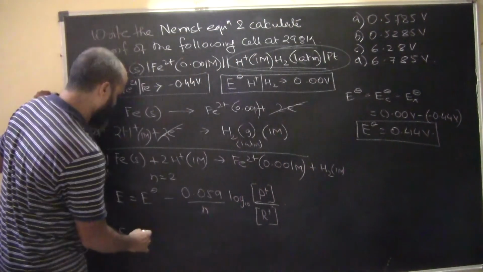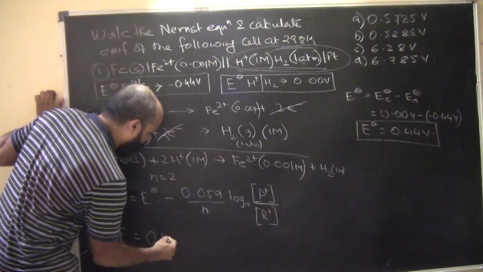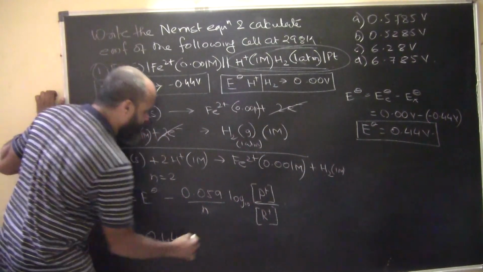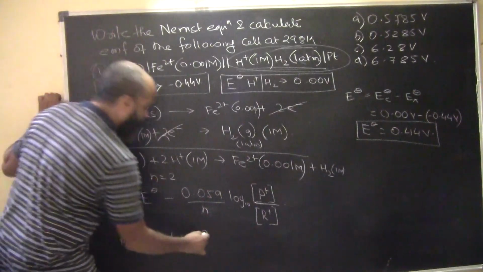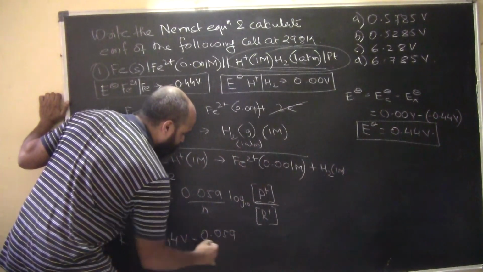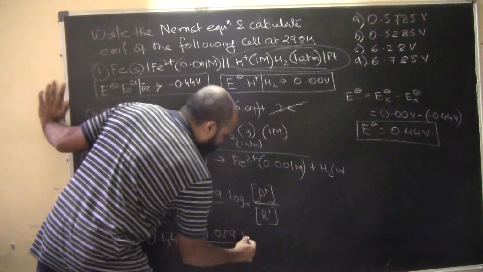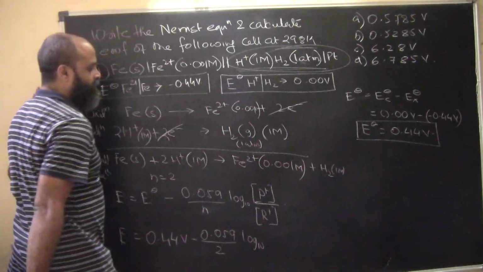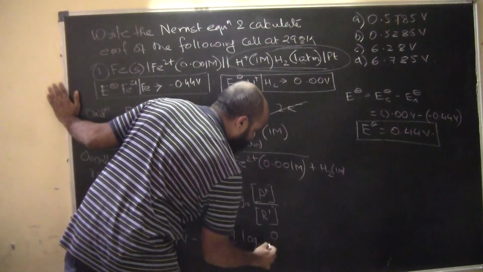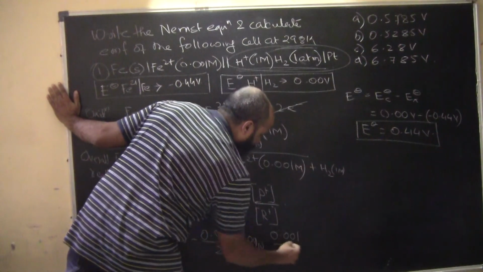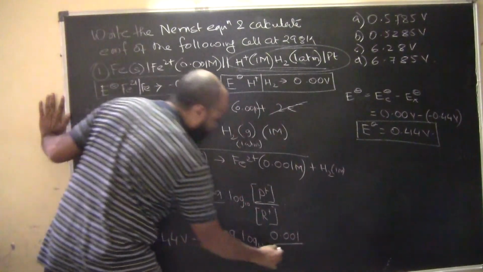So this will be 0.44 volts minus 0.059 upon 2 log 10 of products. What do we have in products? The molar concentration is 0.001, and what is the molar concentration out here? That is 1.